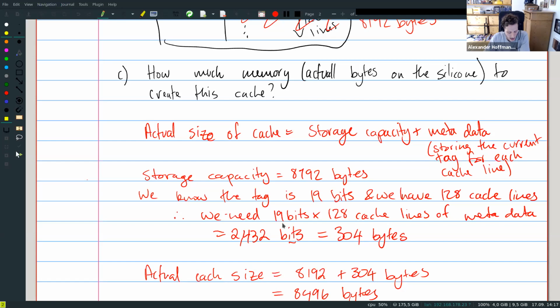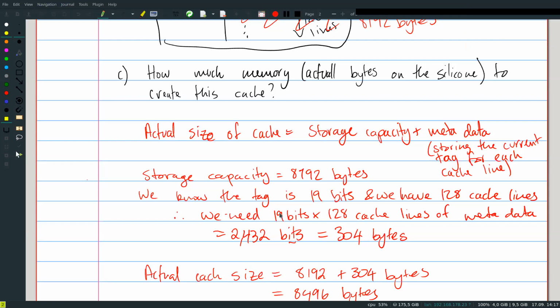And so that's why the actual cache implementation takes a little bit extra memory. We need this extra 304 bytes because, for each cache line, we have 128 of them, we need to store 19 bits. So we need to store 128 of these 19-bit tags as metadata to use for this comparison.